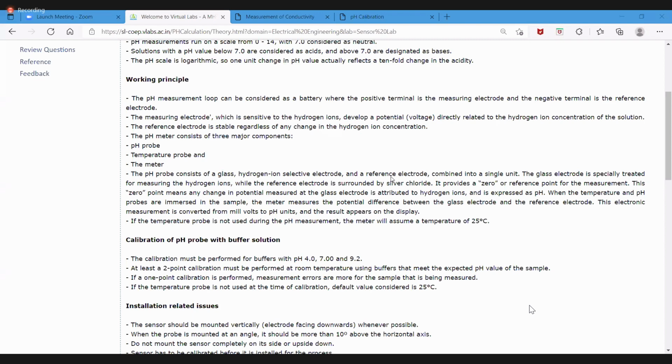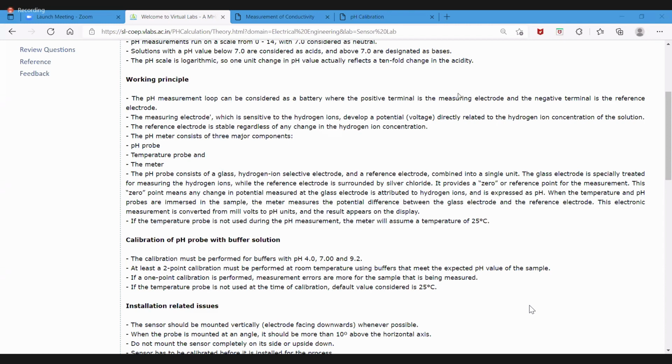The glass electrode is specially treated for measuring the hydrogen ions, while the reference electrode is surrounded by silver chloride. It provides a zero or reference point for the measurement. What are the three important components in pH probe or pH meter? And the meter.